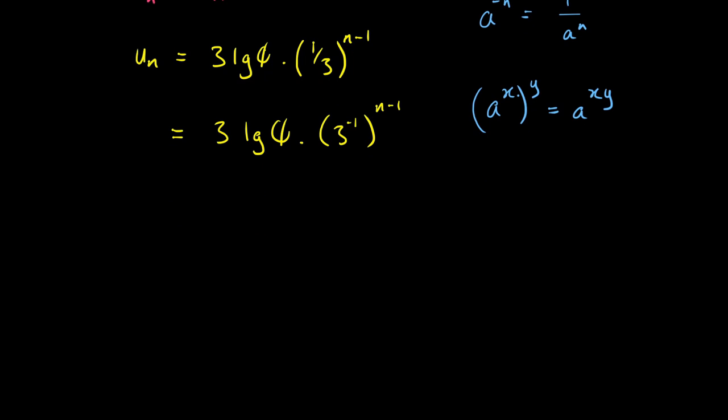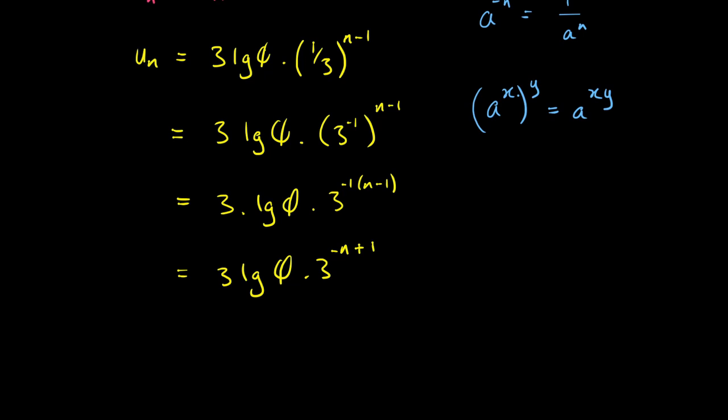So the next step I'm going to do is I'm going to say this is 3 times by log phi times by 3 to the power -1 times by n minus 1. So that's 3 log phi times by 3 to the power of -n plus 1.